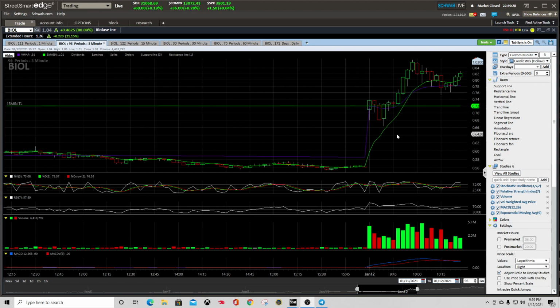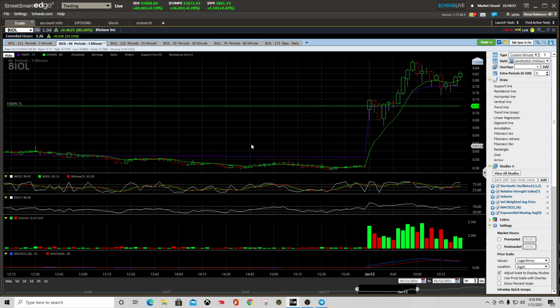The first thing you want to do when you're looking at a stock that gaps up is identify your initial morning high. This stock opened at 0.71 and put in a high of 0.7375. This is your initial morning high area, about 0.74.